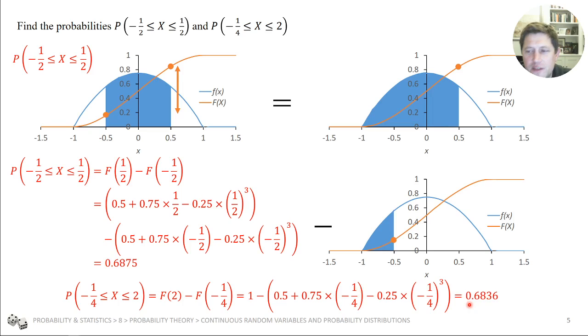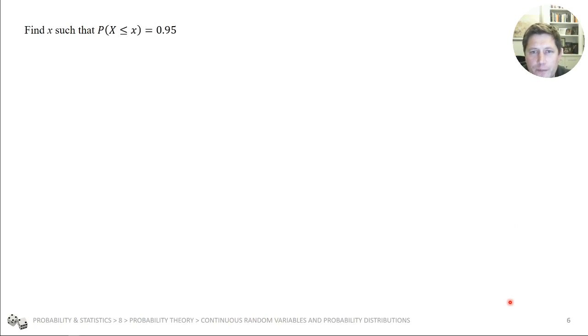So that's just a couple of examples of how to relate the probability density function to the cumulative distribution function, and how you can use these together as you choose to find out the probabilities of certain outcomes if you know what the distributions are. A different sort of question is to say, well, we want to have 95% probability that our outcome is below something, but what would that something be?